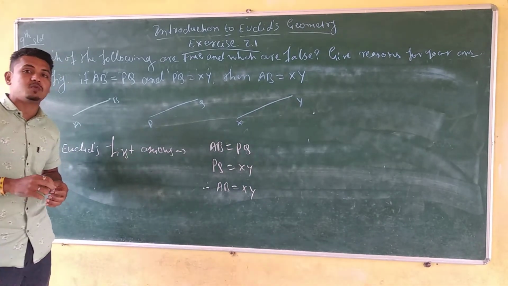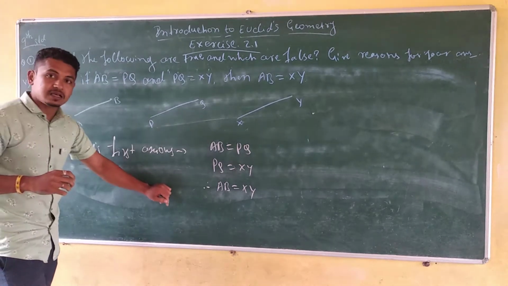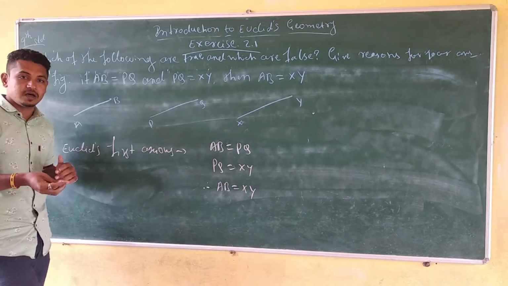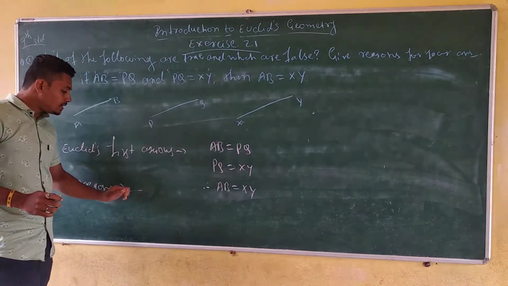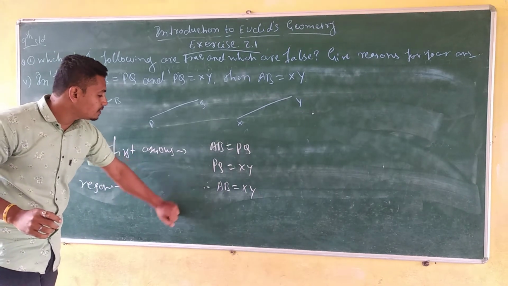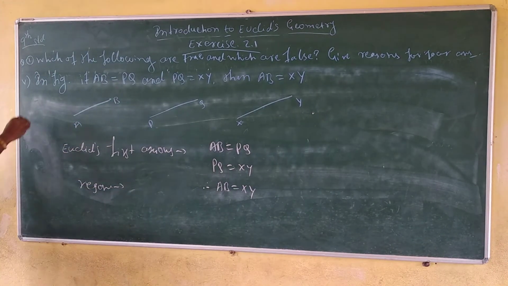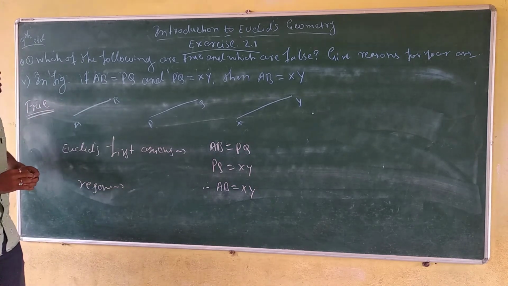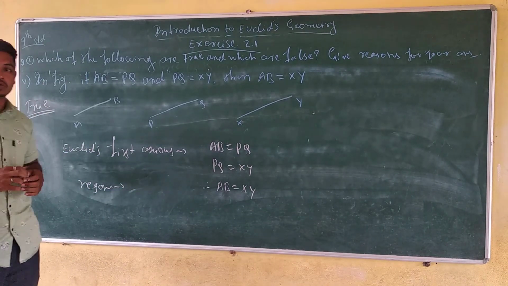What is the first axiom of Euclid? Things which are equal to the same thing are equal to one another. So this is the reason we have to write here. You understood? We can say this statement is true. Now we shall stop here. In the next class we will discuss question number 2. Okay, thank you.